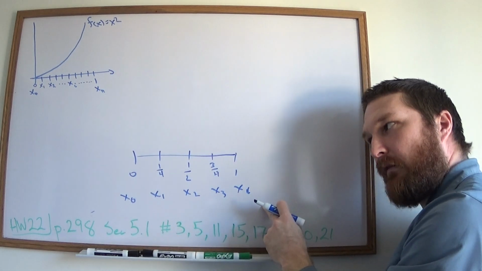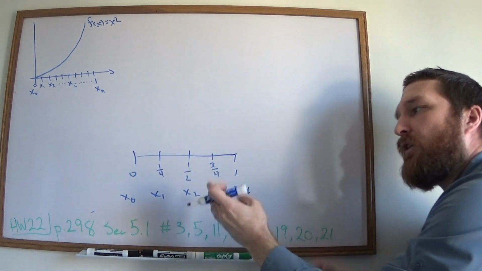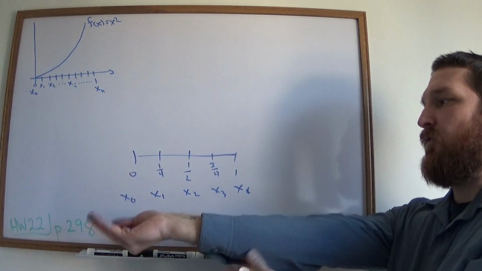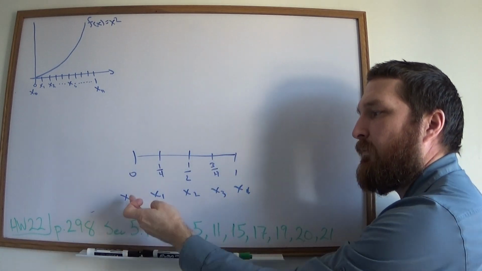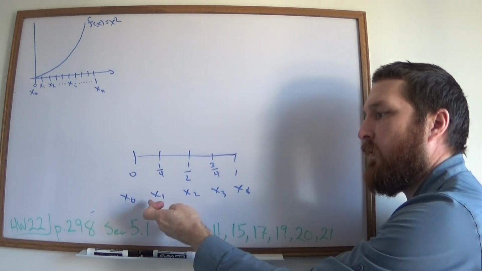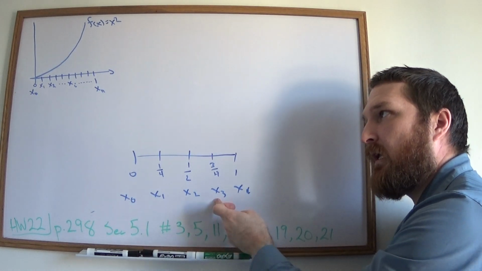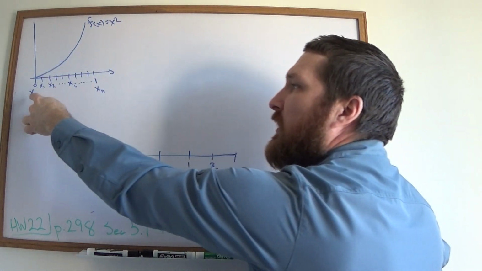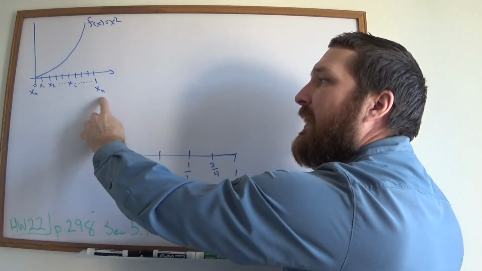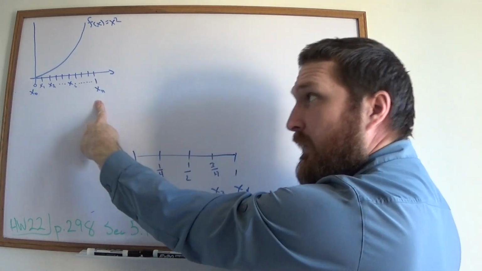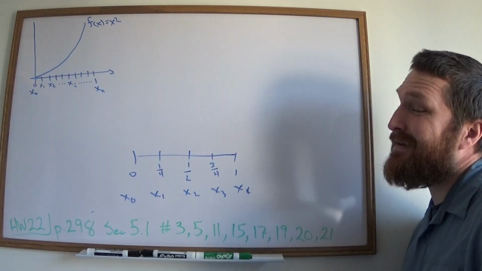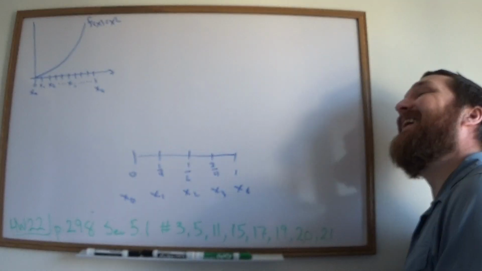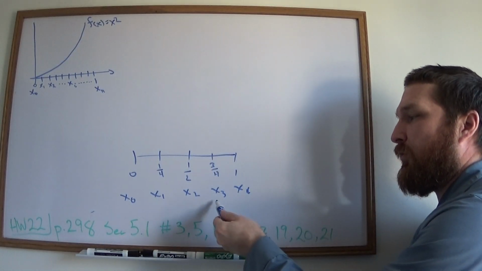But we're only choosing one side, either the left or the right, to get our heights. If you choose the left-hand endpoints, you're going to choose 0, 1, 2, and 3. So over here, you're going to go 0, 1, 2, all the way up to xn minus 1. If you're choosing the right-hand endpoints, which makes your life a little easier, then you get 1, 2, 3, and 4.